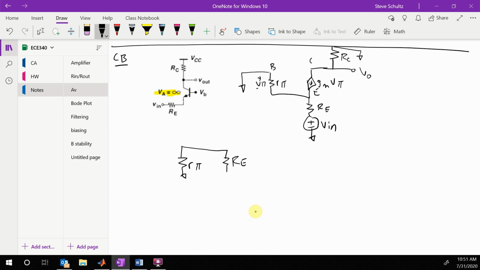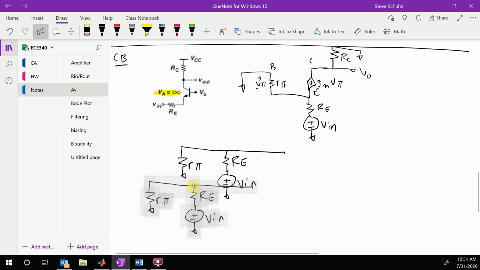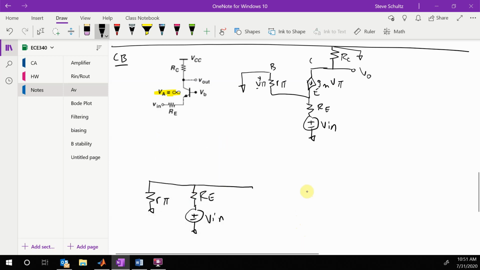Here is our RE, here is our input source, and then we have our dependent current source, which goes to our V out, and then we have an RC that goes all the way to ground.